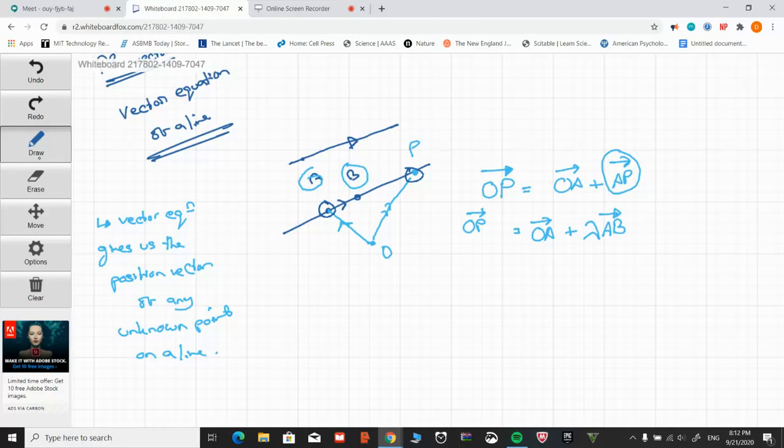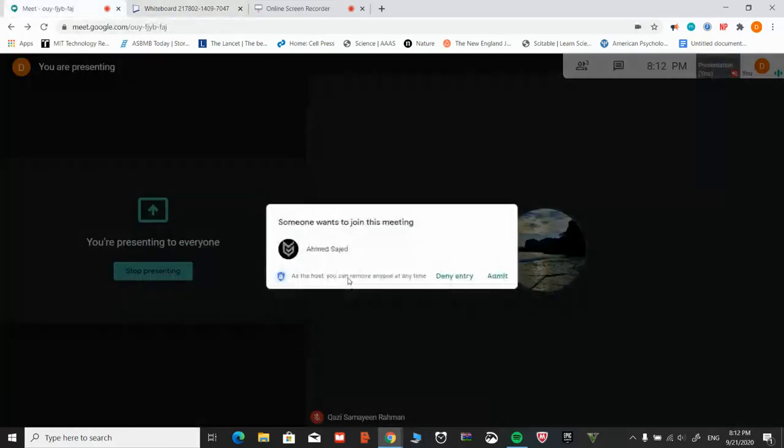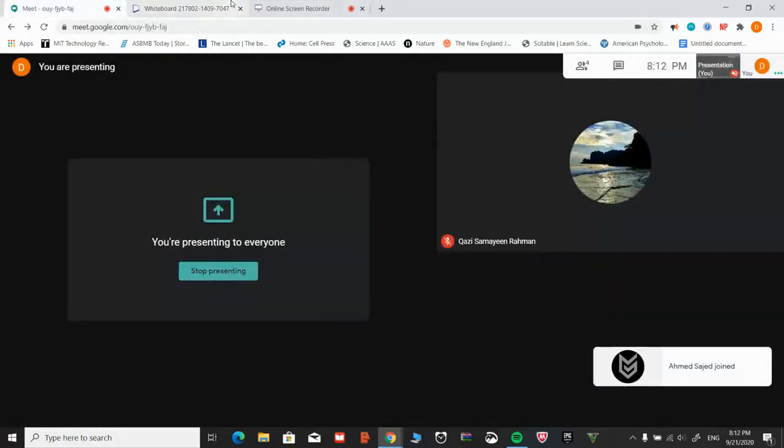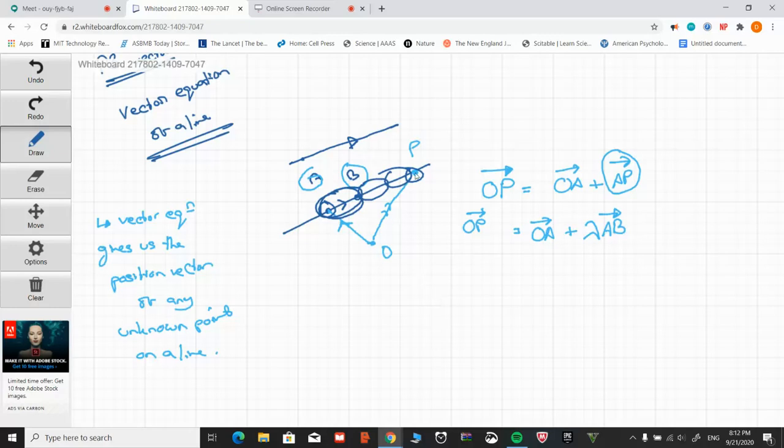But I can say that look, if you want to go from A to P, it's going to be some multiple times of this vector over here. For example, one AB, two, maybe three ABs. If going three ABs in the AB direction takes you in the AP direction, then 3 ABs will give you 1 AP.